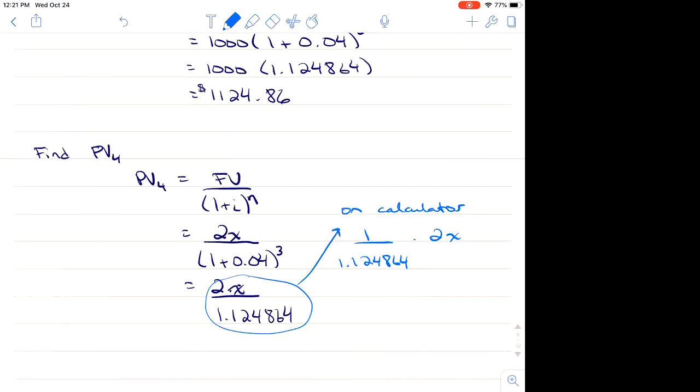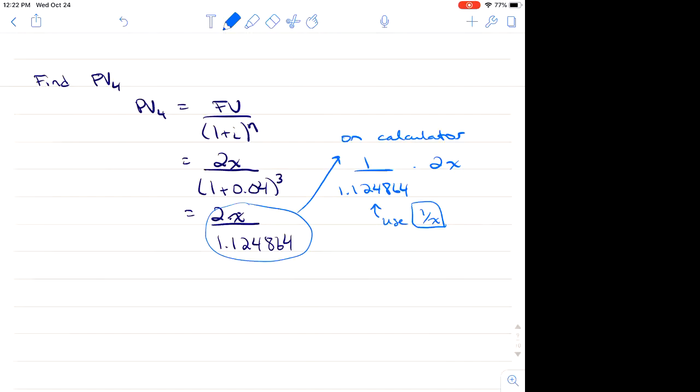Just as a little side note, on your calculator, use the 1 over x button. If you have 1.124864 on your screen, you can hit the 1 over x button.